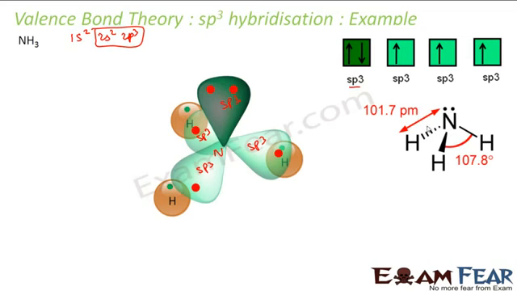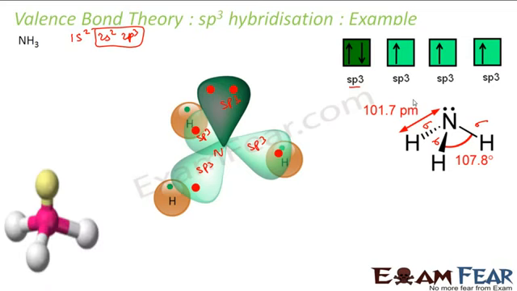I have sigma bond, sigma bond, sigma bond, and I have one lone pair. And this shape is exactly what I can get from VSEPR theory. VSEPR theory also predicts the same shape because it has one lone pair. Here you see the lone pair, and I have my bond pairs here.